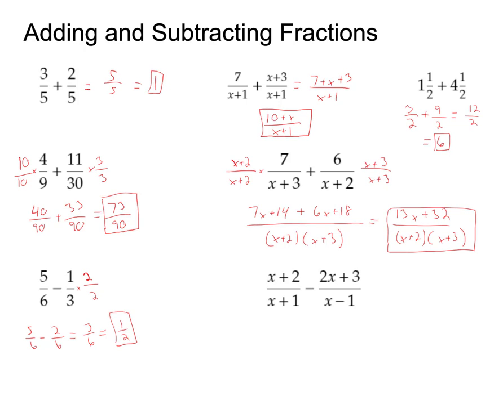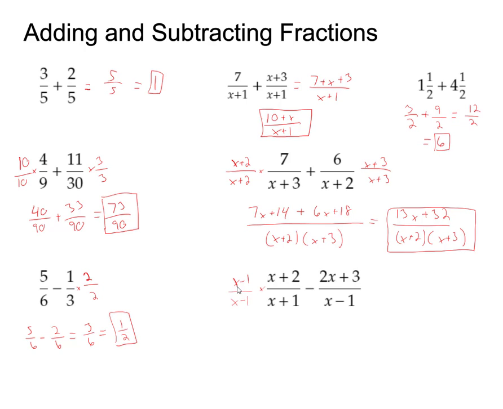For our final example, we have x plus 2 over x plus 1 minus 2x plus 3 over x minus 1. Just like in the above example where we had variables in the denominator, we need to find a common denominator. That common denominator is going to be when we multiply the two denominators together. So let's multiply our first fraction by x minus 1 over x minus 1.